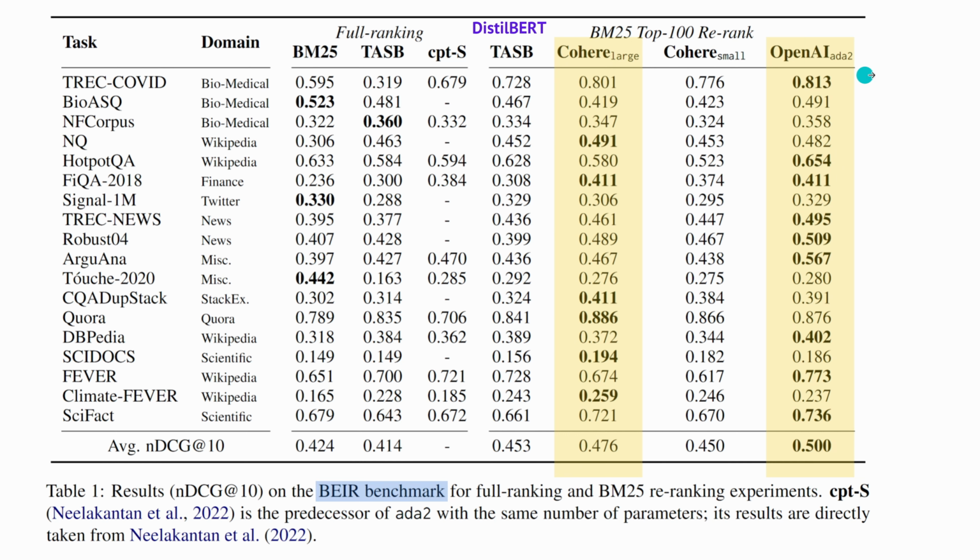Now, OpenAI, with the smallest dimensional embedding, with the smallest vector representation in a vector space, in general wins here. The average score is here 0.5, but this does not mean that it's the best overall in each and every category. As you can see here, for example, in scientific, SciDocs, Cohere, the large model, has a better performance with 0.194 than OpenAI with 0.186.